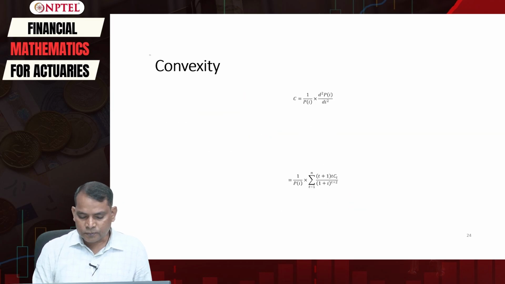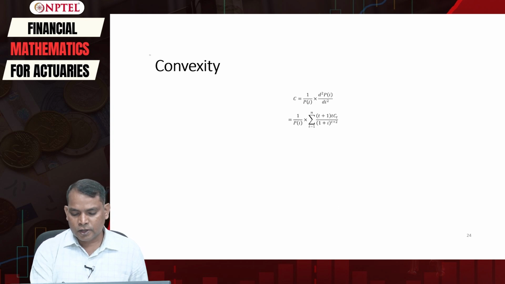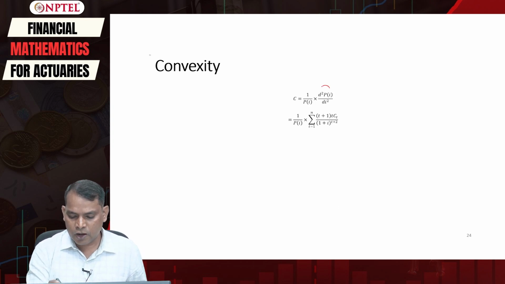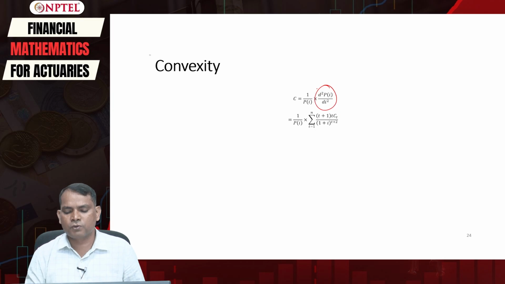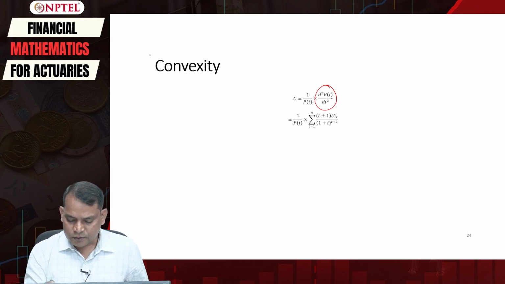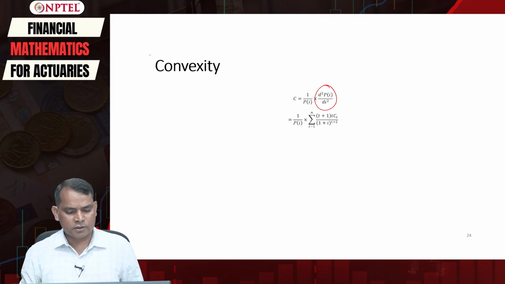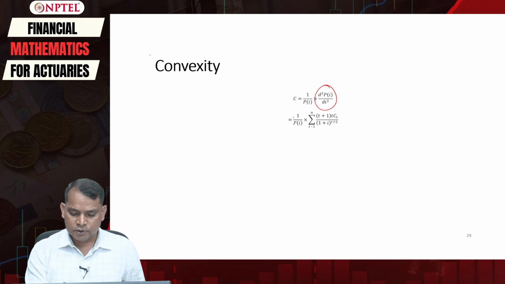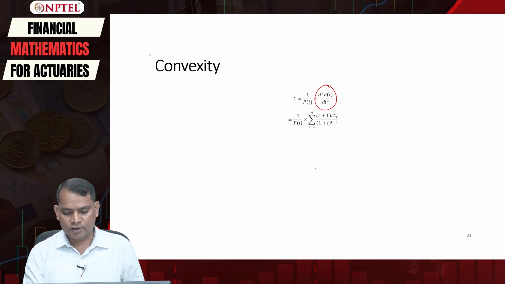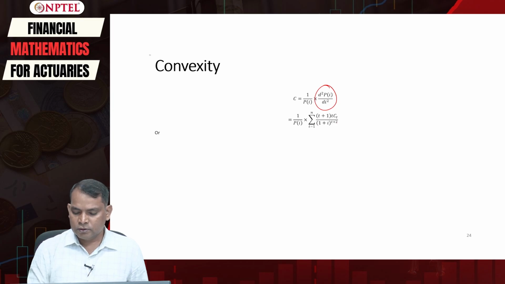We have already understood that d square Pi by di square can be rewritten as sum of t plus 1 t Ct divided by 1 plus I to the power t plus 2, and therefore C can be written as 1 upon Pi multiplied by this term.